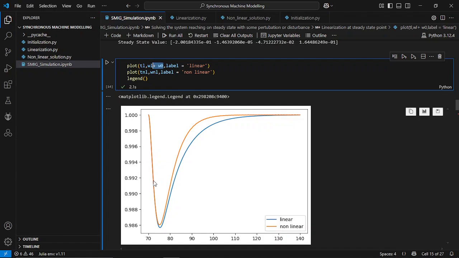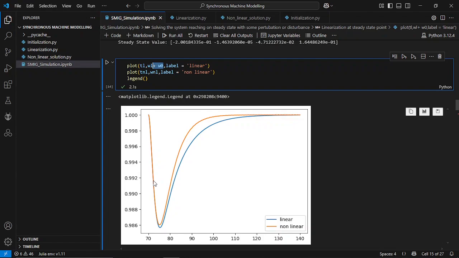This is why the linear model does not exactly fit, but still we can get lots of information about the system from the linear model, which can be very helpful for controller tuning or designing the power system stabilizer, or maybe AVR or governor or something like that.